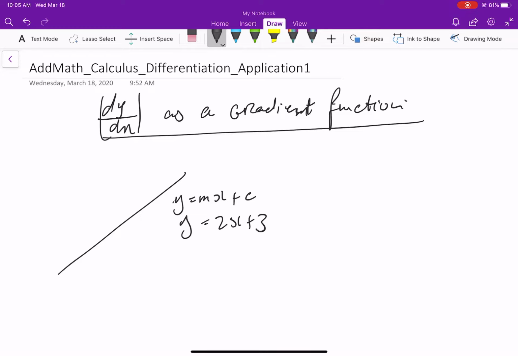If I asked you what the gradient of the line is right there, you'll tell me 2. And right there, you'll tell me 2. And there, and there. You would keep telling me 2. The moral of that story is the gradient of a line is the same at every point along the line.